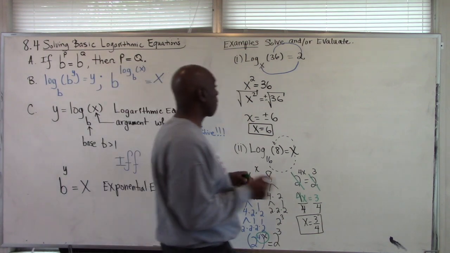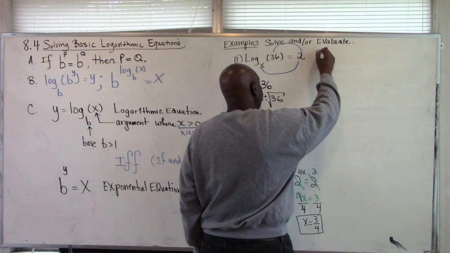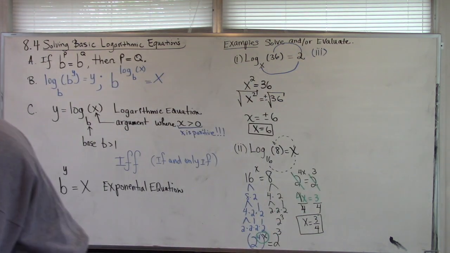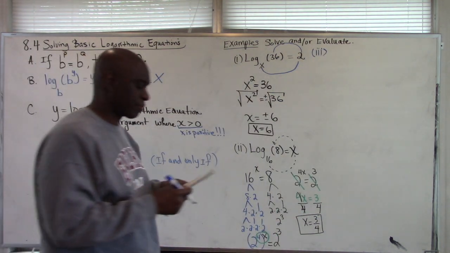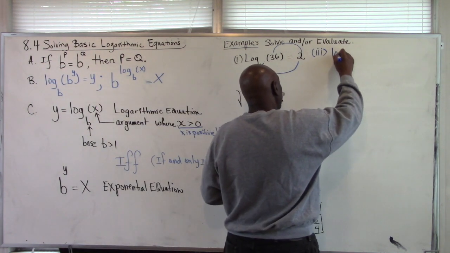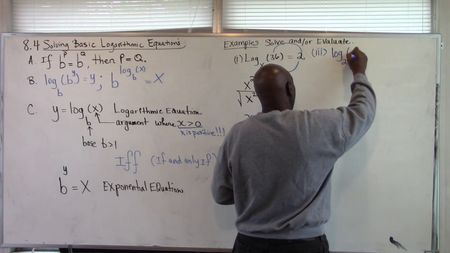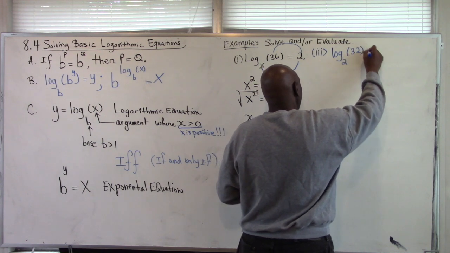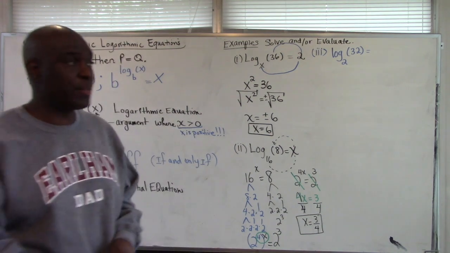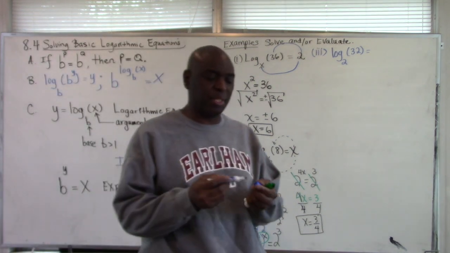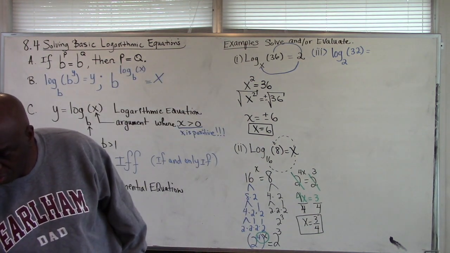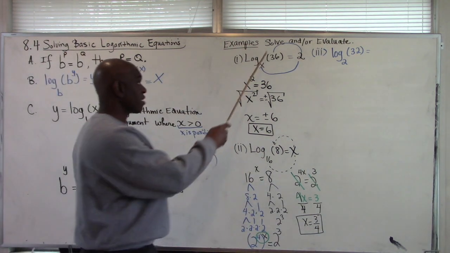Number 3. Alright, what's next here? Alright, how about log base 2 of 32? What does that equal? Now in this case, it's not a solve. You know what I mean? In this case, this one is not a solve.